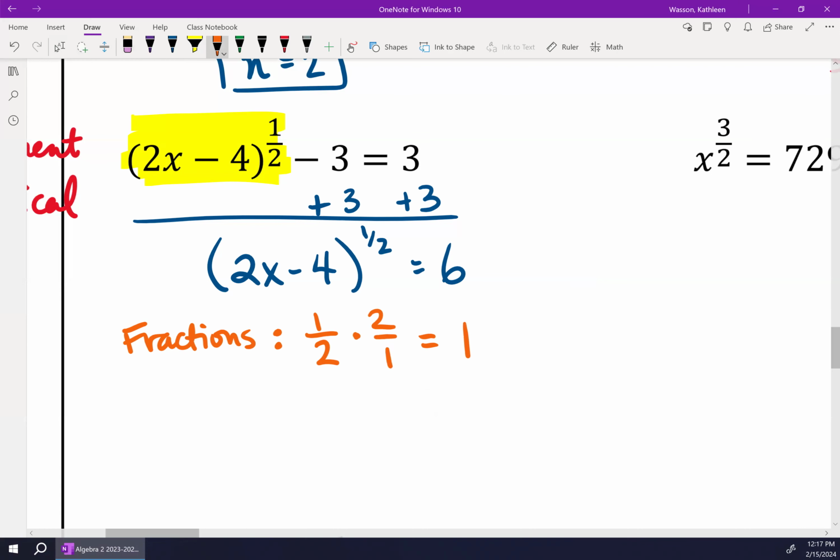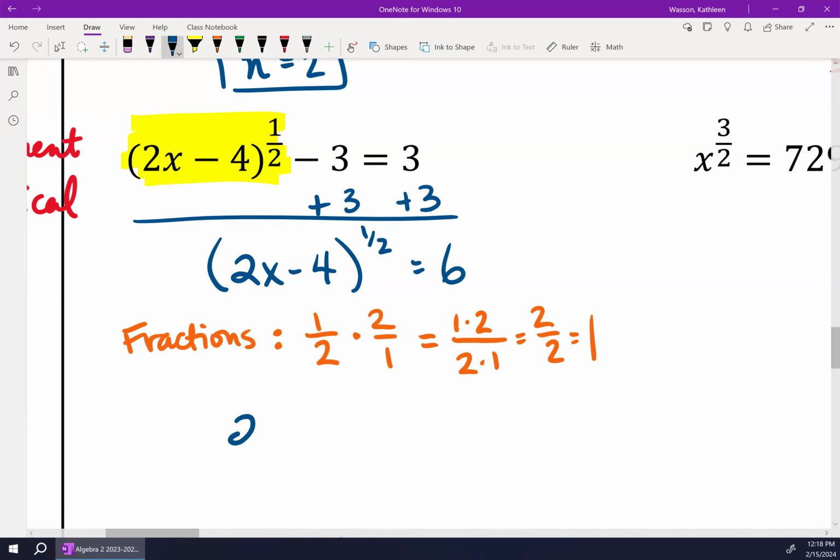The reason I do that is because when you multiply fractions, you multiply the numerators together and you multiply the denominators together. So you get 2 over 2, which is 1. And then you don't have a fraction anymore. If I do that with an exponent, I won't have an exponent anymore.